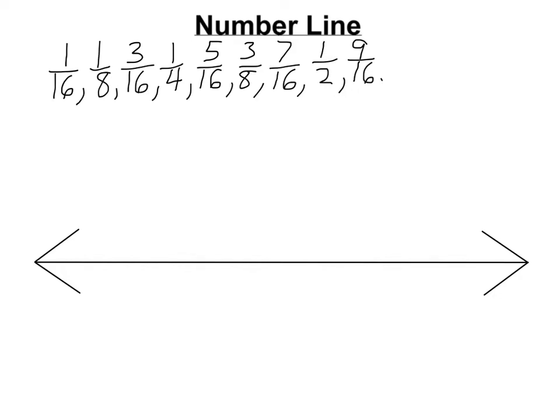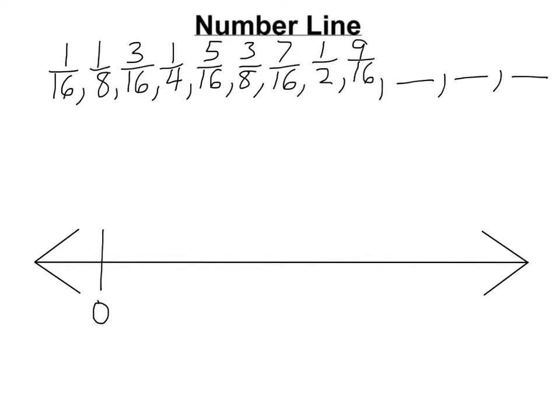If I were to ask you to find the next 3 numbers in the sequence, some of you would be able to tell me right away what they'd be. Others of you might struggle with that a little bit. So let's use the number line to help us. So down here, let's start actually with 0 on the left.